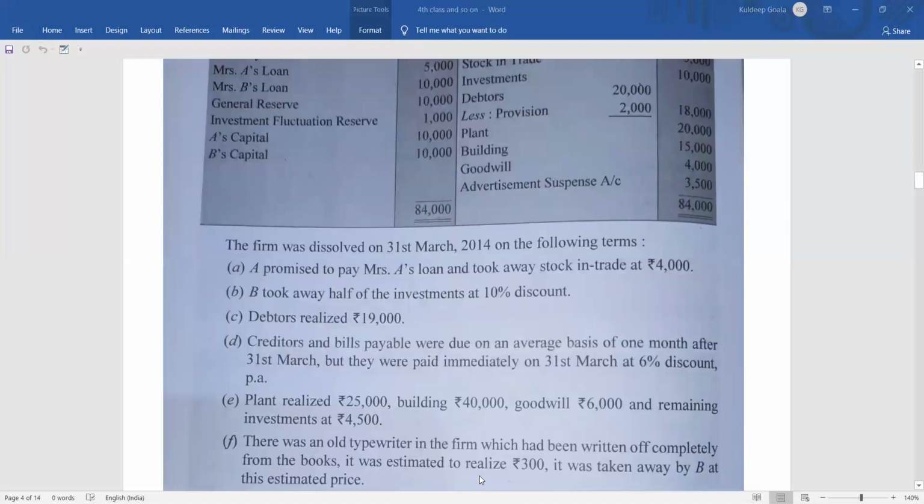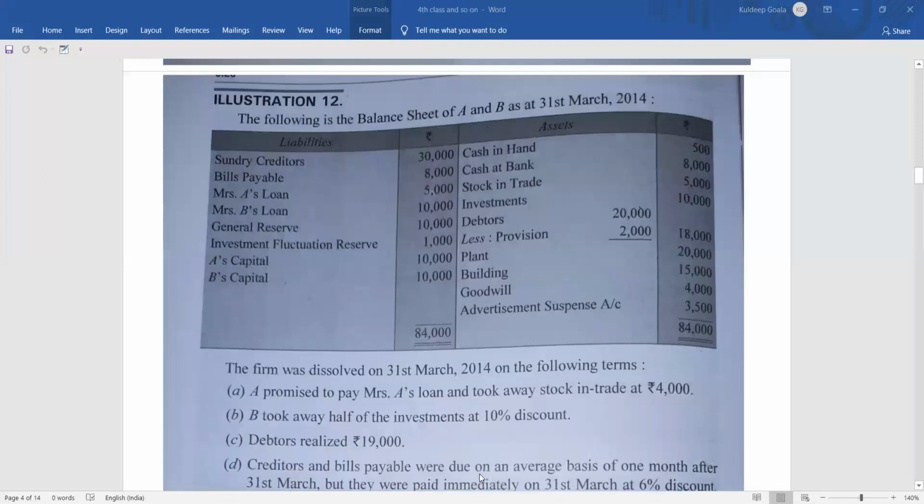We'll start with the realization account, and first of all we'll transfer the assets and liabilities. As we transfer the assets, the journal entry will be for stock in trade, investment, debtors 20,000, plant, building, goodwill. These all will be transferred. The assets show debit balances, right? To close them, you have to credit them, and the realization account will be debited.